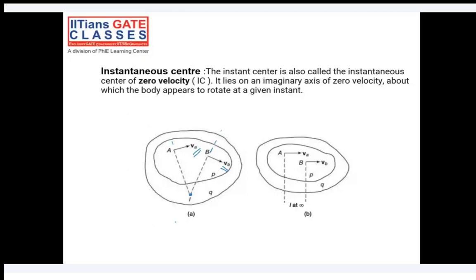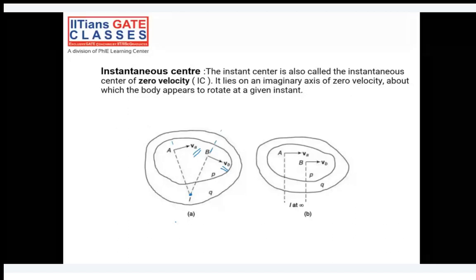Then if I draw the perpendicular to each, wherever they cut each other, let's call that point I. We can say that I will be an instantaneous center of velocity for the rotation of body P. Do you agree? So we can say body P will be rotating about I at that particular instant.